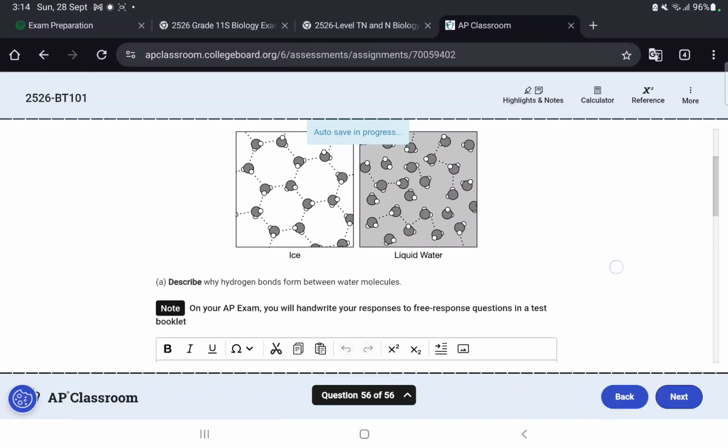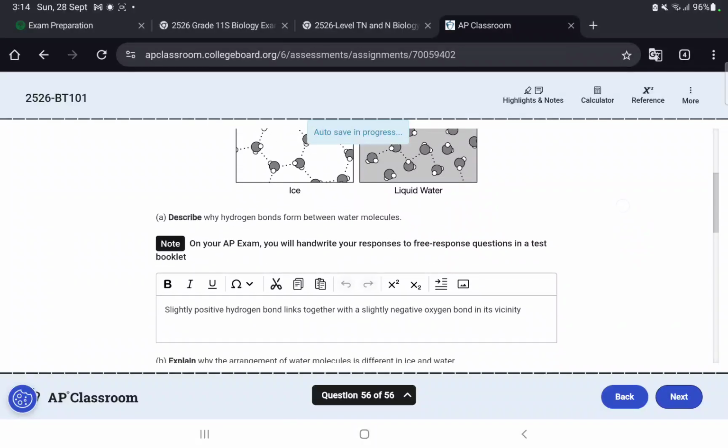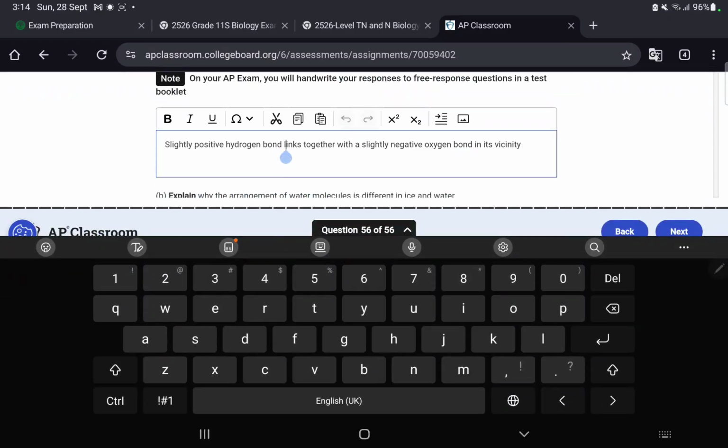So, describe why hydrogen bonds form between water molecules. Obviously, the slightly positive hydrogen atom links together with a slightly negative oxygen atom in its vicinity, therefore forming a hydrogen bond. Why did I write bond?